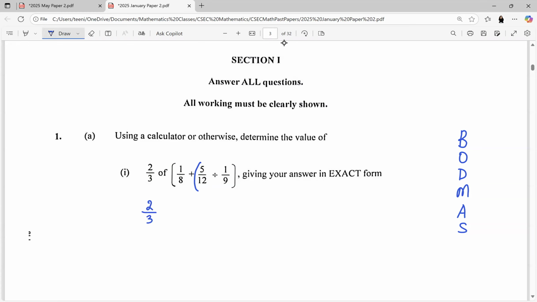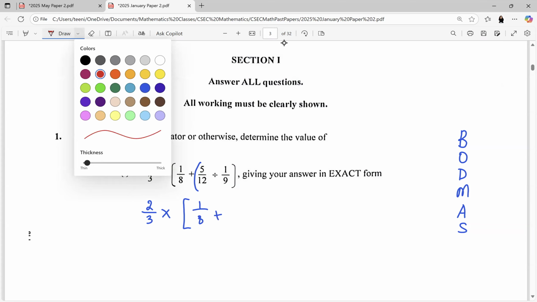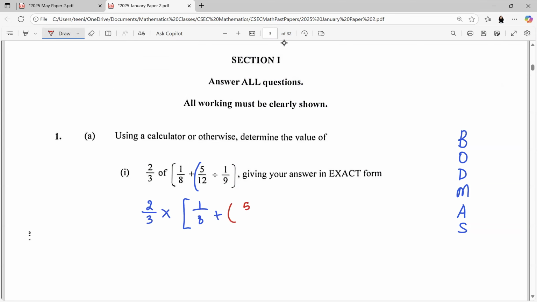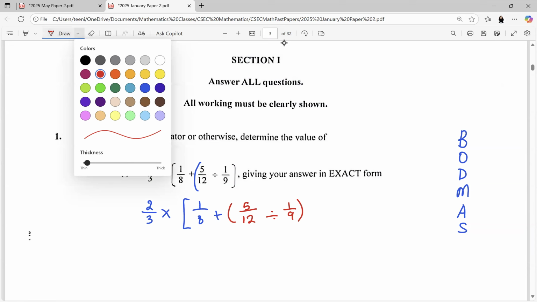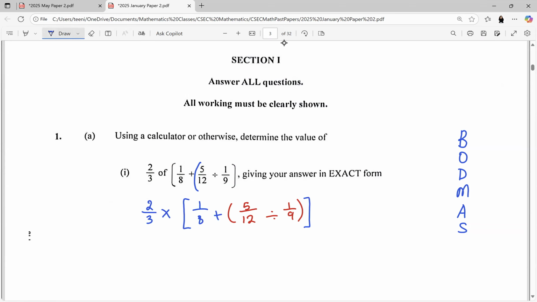So you're going to be finding 2/3 times 1/8 plus, I'm going to put an additional pair of brackets here just to show you that that's what we're doing first, 5/12 divided by 1/9. Right? So that is the order in which you will do this question.